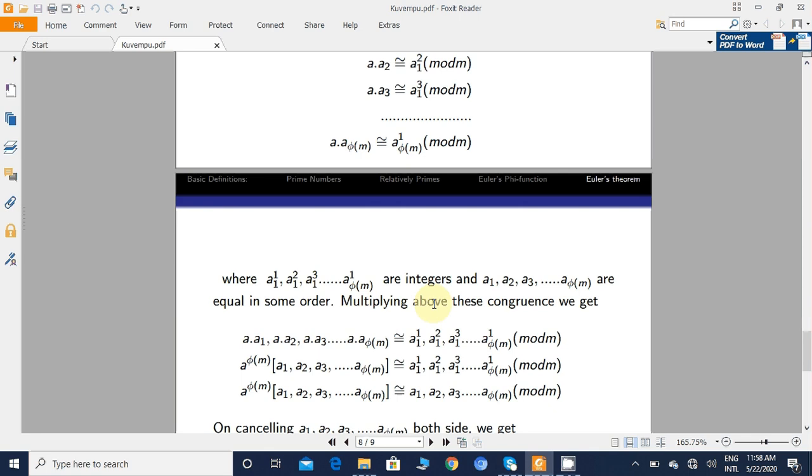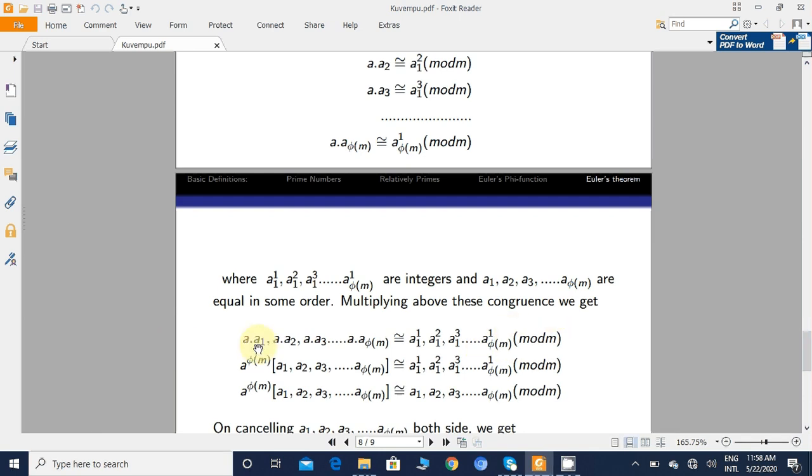Multiplying the above congruences, we get a into a1, a into a2, etc., a into a of φ of m. This is congruent to a1 dash, a2 dash, a3 dash, etc., a of φ m dash modulo m.